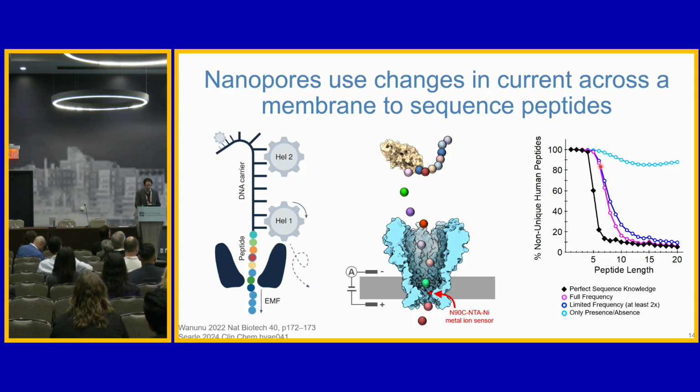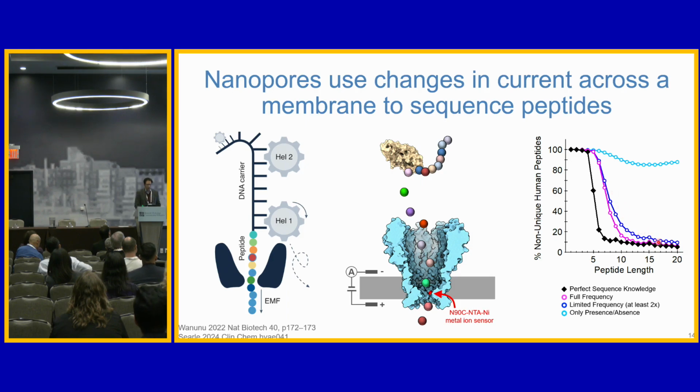Now, if you think about just doing amino acid analysis, if you had perfect quantitation, that would be that pink line. It's not as good as knowing the exact sequence information, but even if you just know the amino acids that went into that peptide, you can actually do really well. If you don't know anything about the quantitation of those amino acids, then that would be this blue line. But if you know even just a 2-fold difference between amino acids, you can get really close to that perfect analysis.